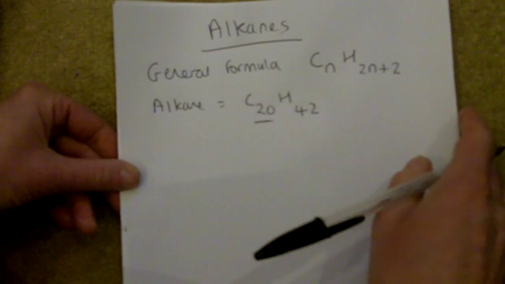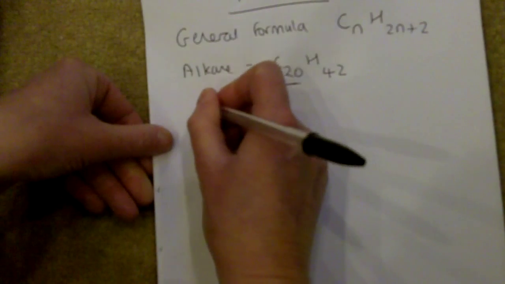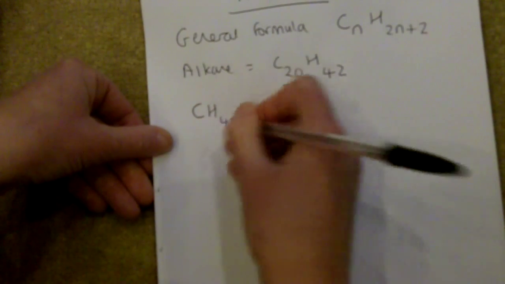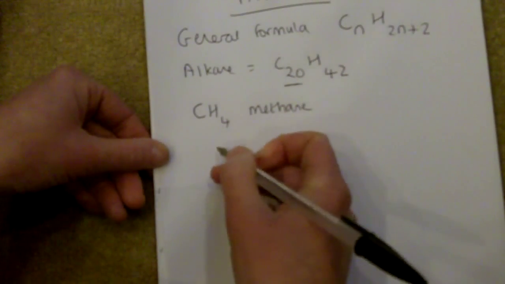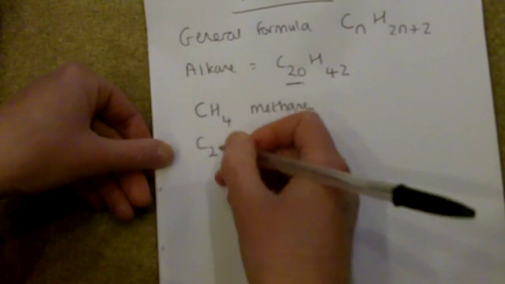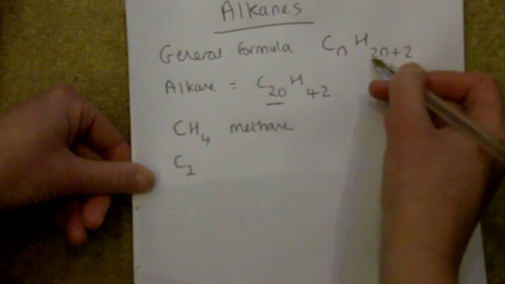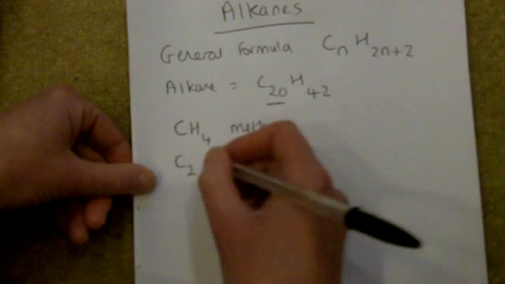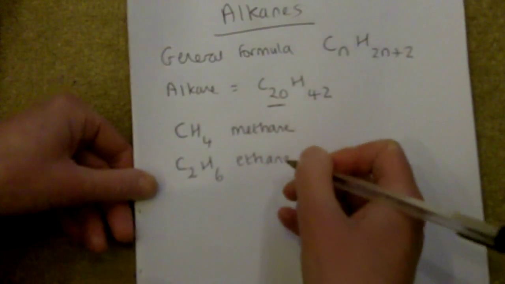But you actually need to know the names of the first 10. So if we go very quickly through the first 10, the first one is methane, 1 carbon. Then with 2 carbons, remember the general formula: 2 times 2 is 4, 4 plus 2 is 6, C2H6 is called ethane.